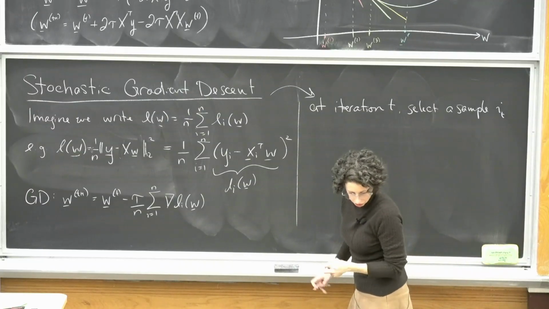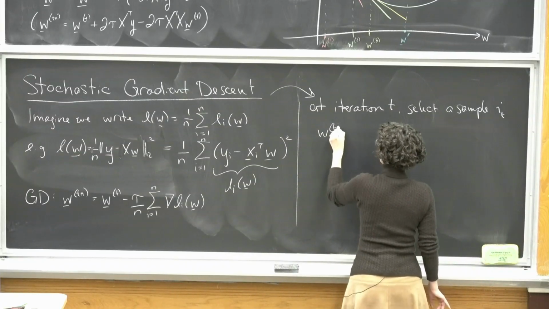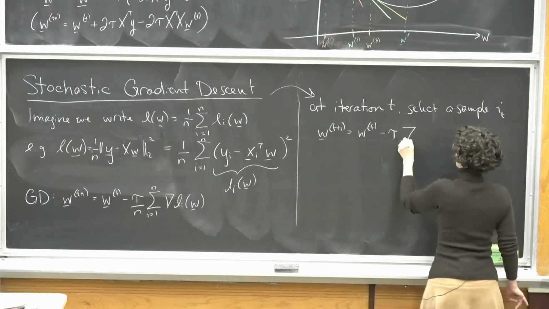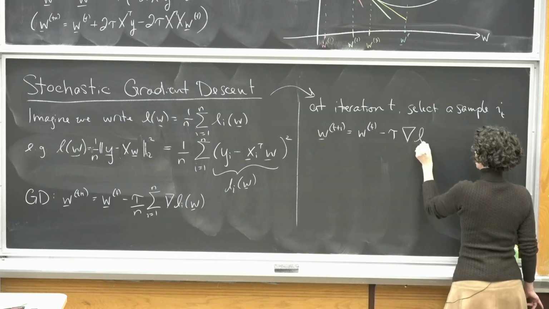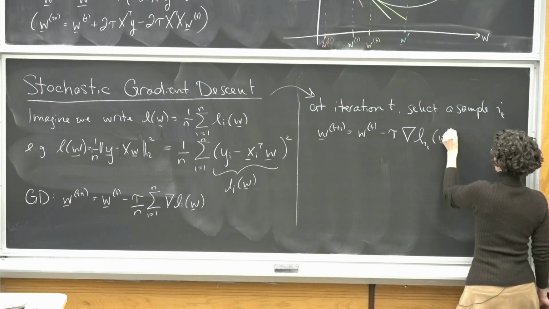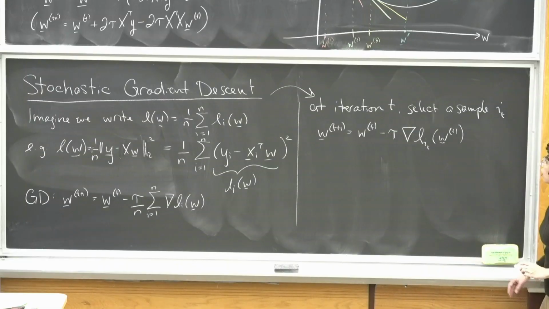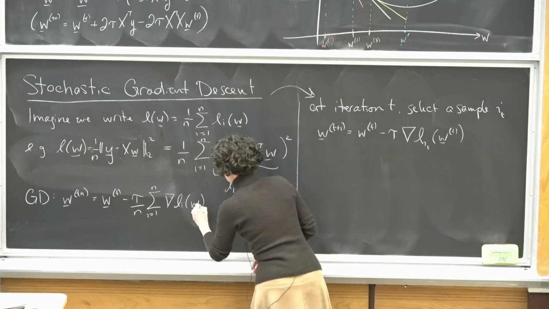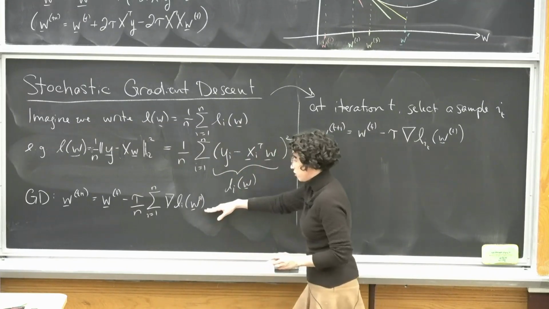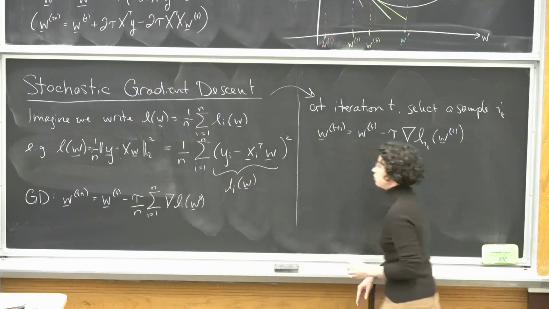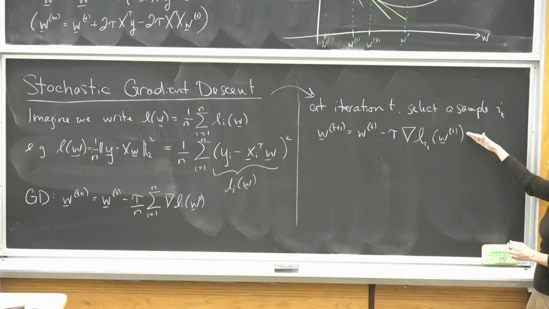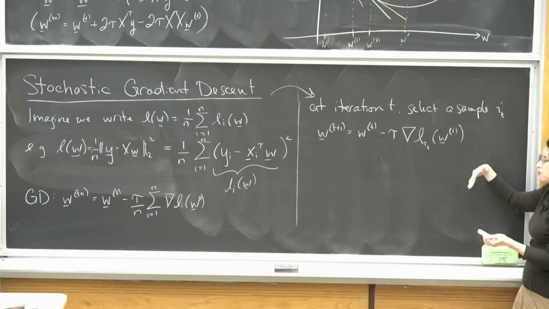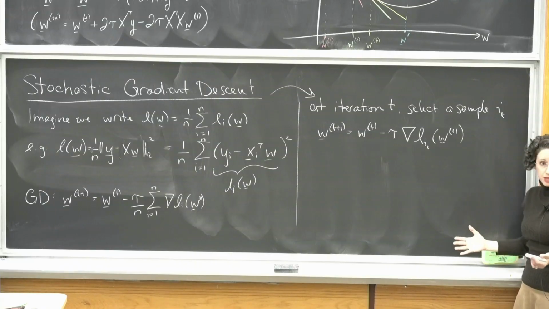And then we are going to update our weight vector, Wt plus 1, to be Wt minus tau times the gradient of L sub I_t at W_t. So instead of doing gradient descent with all of our samples at each step, with stochastic gradient descent, we choose one sample and use it to update the weight vector. And then at the next iteration, we choose another sample and use it to update the weight vector.